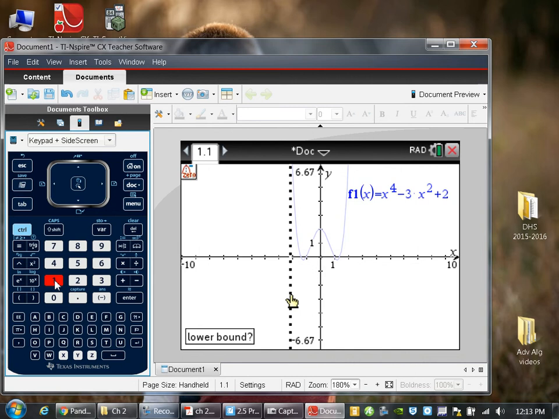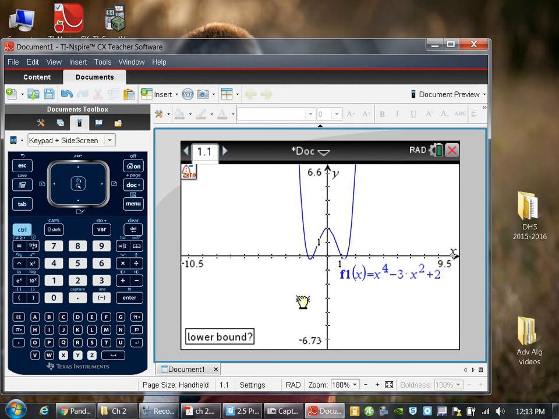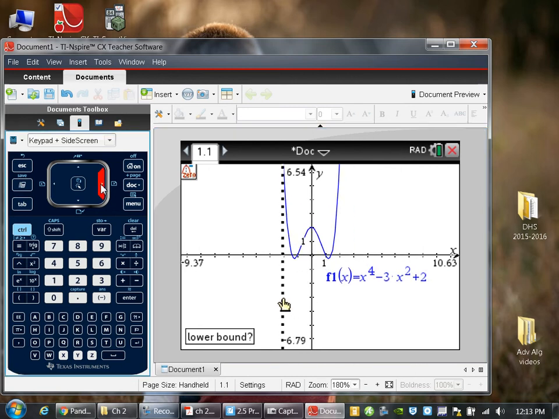And then you remember how we did the left-hand, right-hand boundaries? There's your left hand. There's your right hand. And it'll start to give you zero values. So that's what you would be able to do.